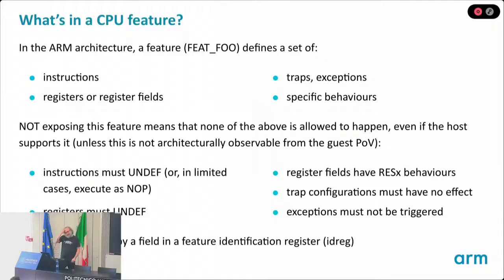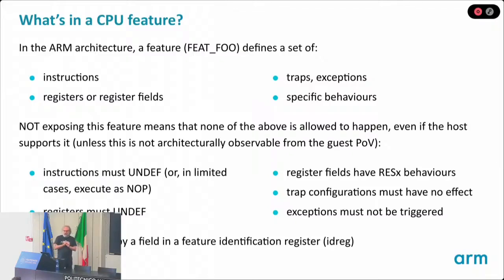And that's fine. But what does it mean to not expose such a feature? It means that these new instructions must undef. These system registers must undef as well. When I say undef, I mean generate an undefined exception, something where the CPU says, I don't know what you're talking about.